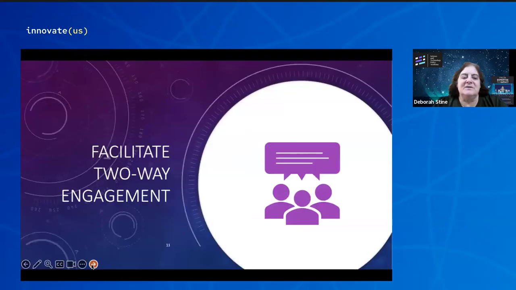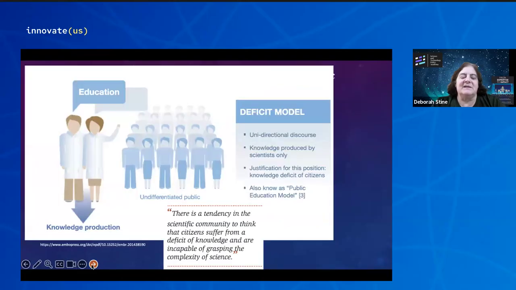So, going back to two-way engagement. This is what's called the science deficit model. It's the way we learn in school, or like the way I'm talking now, for example: I'm speaking and it's just one-way communication. I'm giving you knowledge, you're supposed to listen to what I say, and a light bulb is going to go off above your head and you'll say, oh, Debbie, you are so right, what I was doing was wrong, right?